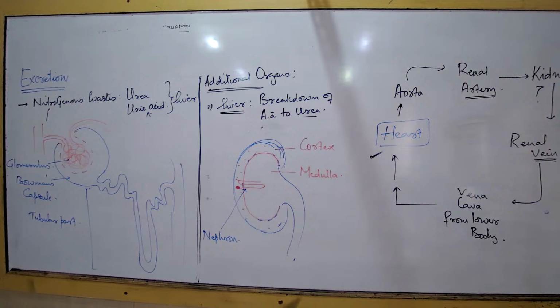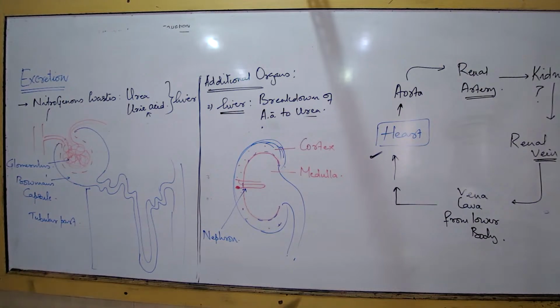Say glomerulus. Is this word so difficult? Not glomerular, glomerulus. Glomerulus, Bowman's capsule, and the tubular part has three names that I will introduce when I start explaining the process.